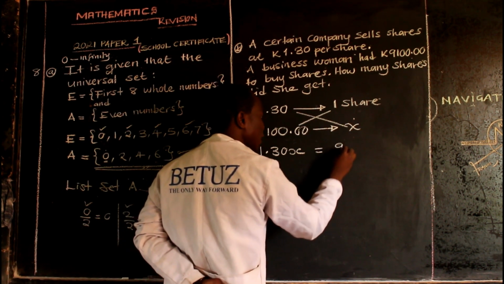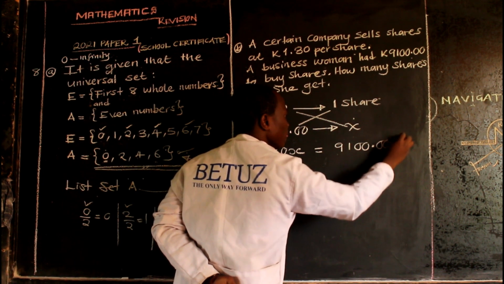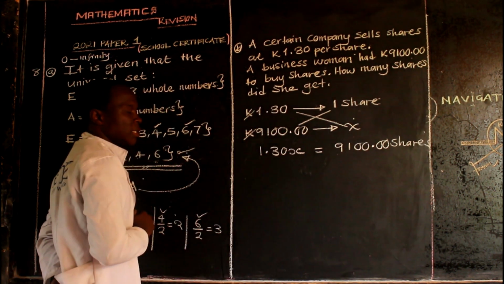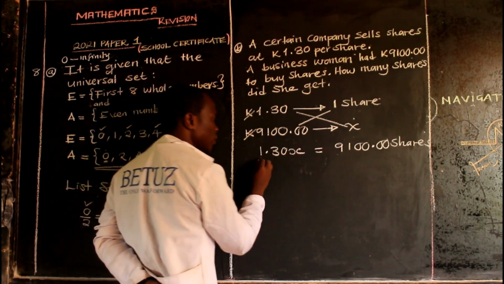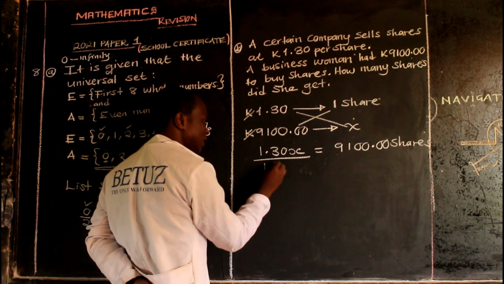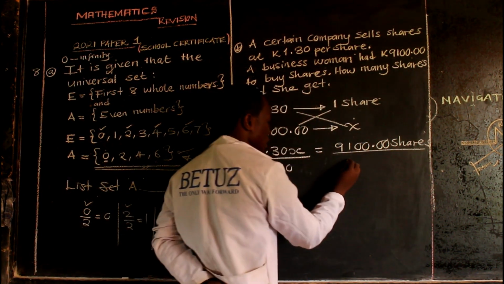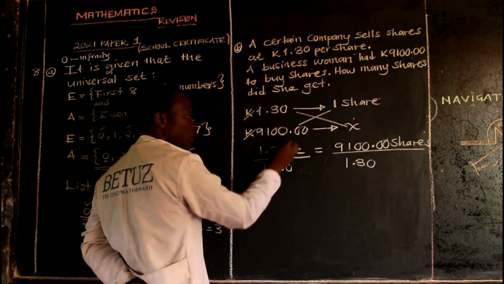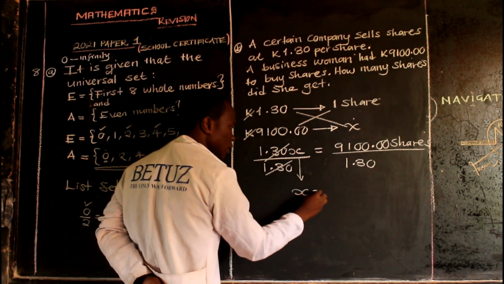You are going to have 9,100 shares. It's then for us to remain with X, so divide both sides by the coefficient of X, which is 1.30. Divide this side by 1.30 as well. So these two are going to go. We are going to remain with X. So you say X is equal to.